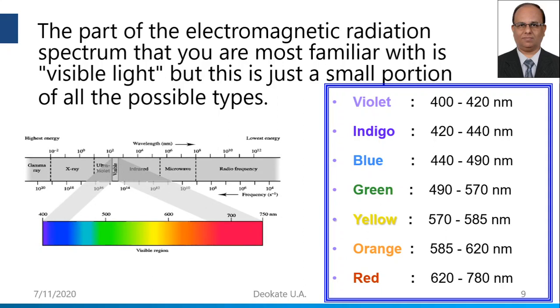It is divided into seven colors: violet, indigo, blue, green, yellow, orange and red. These radiations are not of a single wavelength; they are available in the form of a band. So if you say violet, the wavelength of this violet light will be from 400 to 420. In that way, every color is in the form of a band.